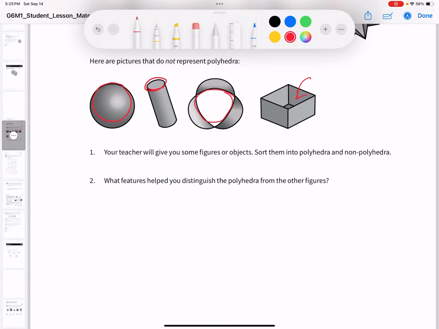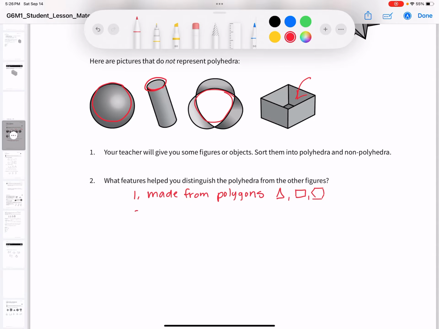All right, so what features help you distinguish a polyhedron from other figures? Well, they are made from polygons. So that would be like a triangle, a square, a hexagon, a pentagon, right?